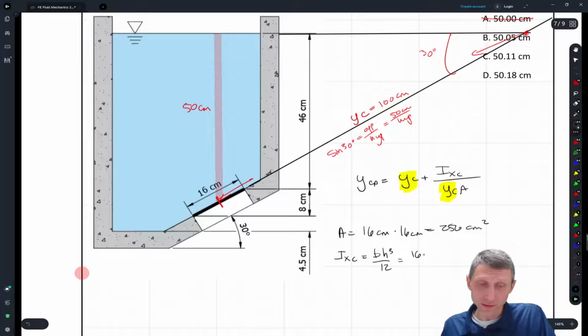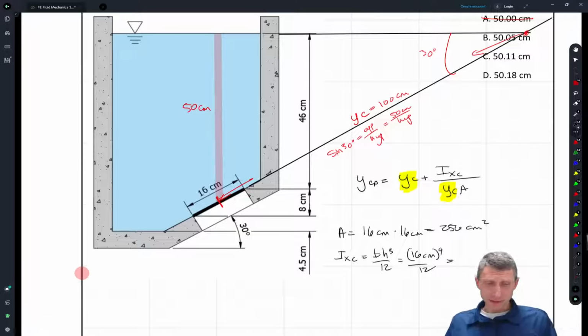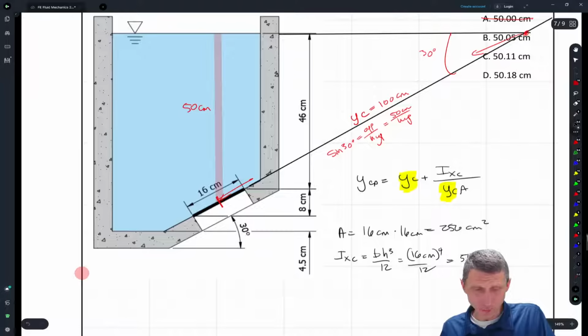What's that give you? It's basically going to give you 16 centimeters to the fourth over 12, which is going to equal, oh man, what is that? 16 to the fourth divided by 12 is about 5461.33. Once we have these two pieces, that's the rest of our equation.